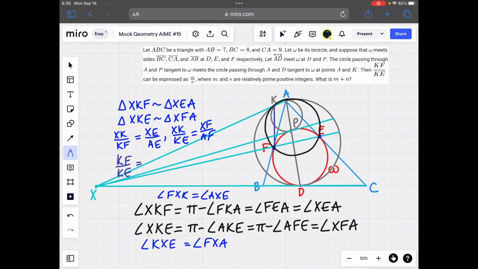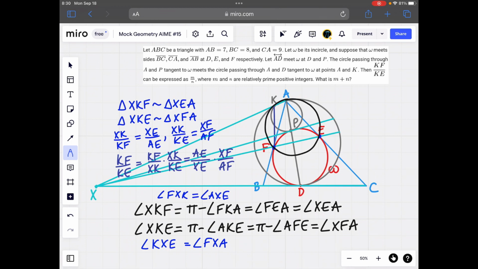And KF over KE is the same thing as KF over XK times XK over KE. And that's equal to the reciprocal of the first fraction, AE over XE, times XK over KE, which is XF over AF.